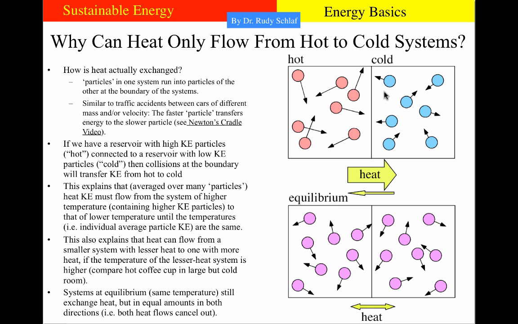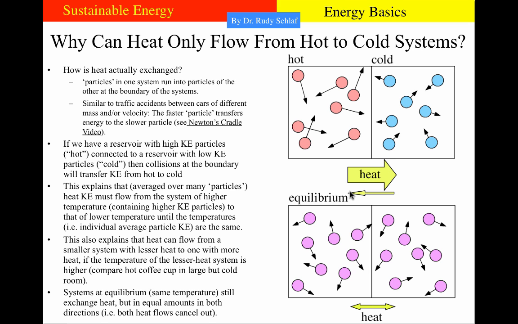Now, the ones on the cold side, of course, also try their best. They also bang into this boundary, and they will also occasionally give some energy to the hotter particles, but it's easy to see that there is more kinetic energy transfer from the hot to the cold side than from the cold to the hot side.